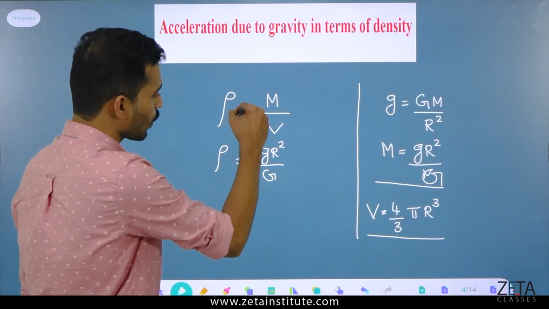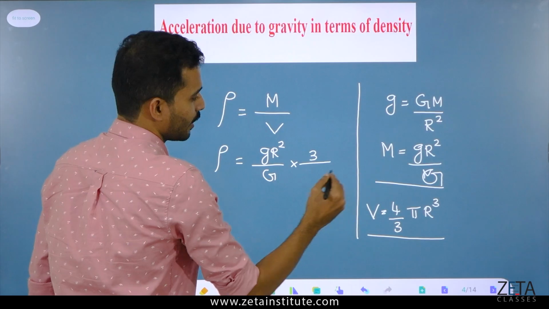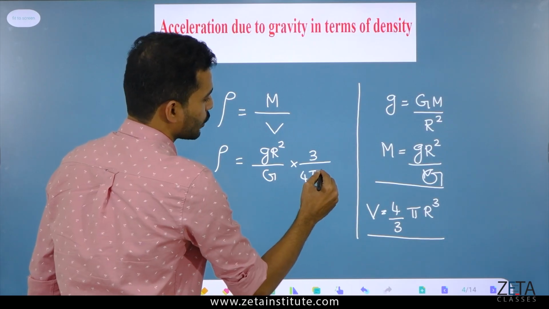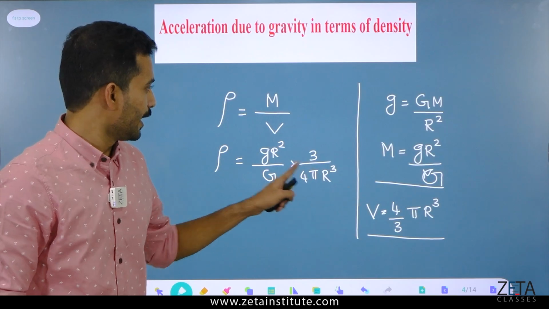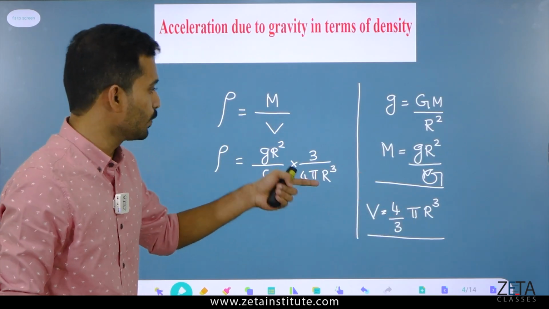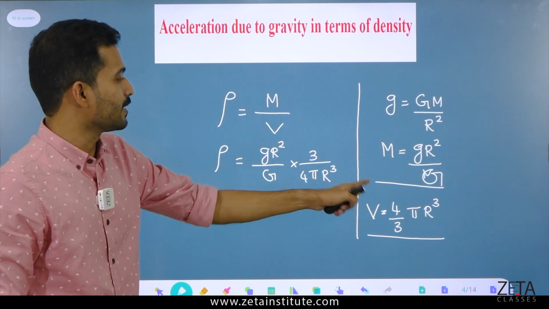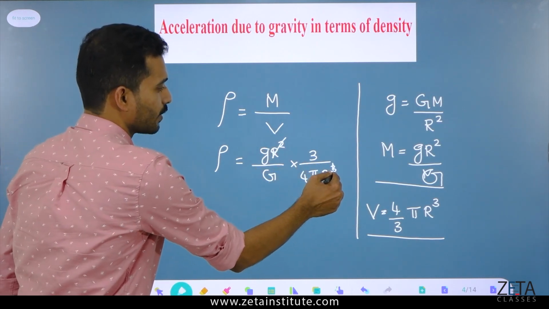So take reciprocal and multiply, that we can write 3 divided by 4 pi r cube. So this is mass by volume, then volume is equal to 4 by 3 pi r cube, then take reciprocal and multiply, that is 3 by 4 pi r cube. So we can cancel this r square.